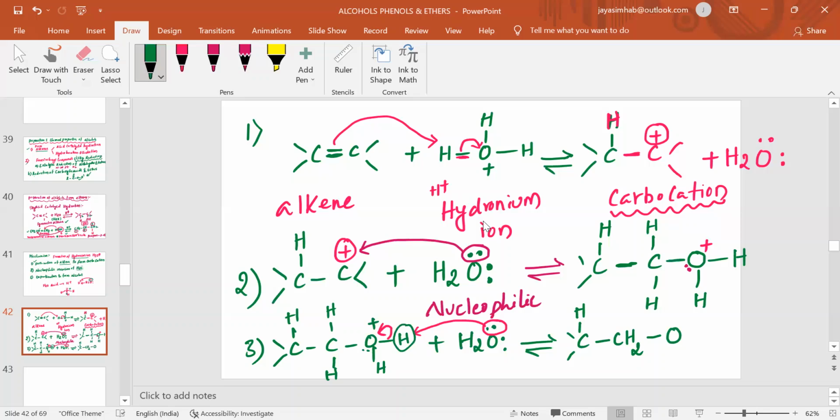This hydrogen is taken up by the water molecule. So OH will remain. That is the alcohol. Plus what will remain? What will be the product? Hydronium ion, because the water molecule is taking up this proton, so it will become H3O plus. Understand? So this is the alcohol. These three steps are utilized to form the alcohol.